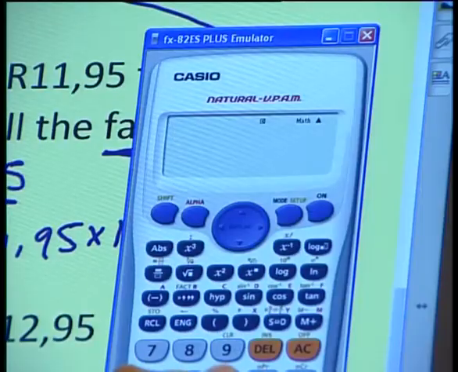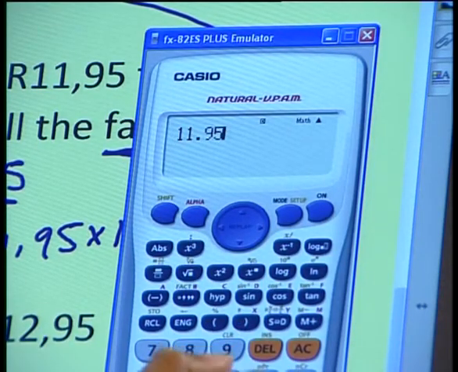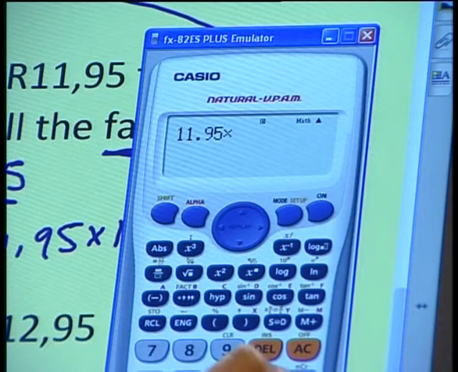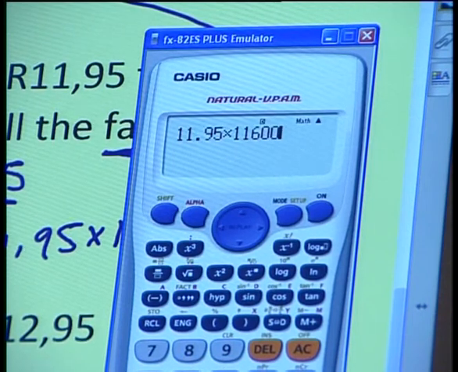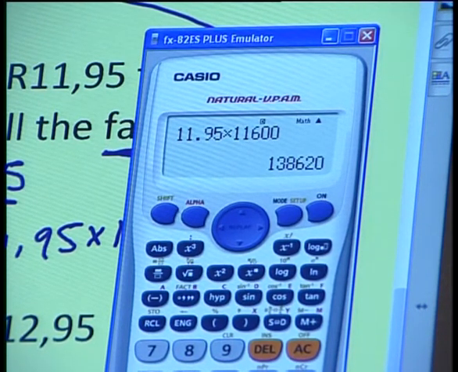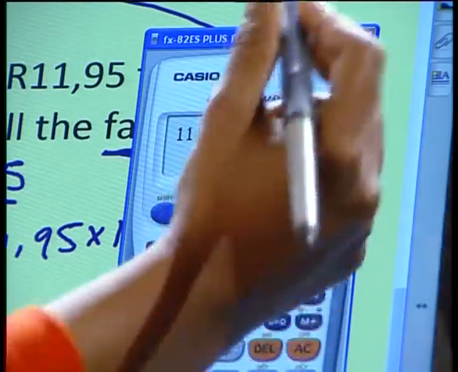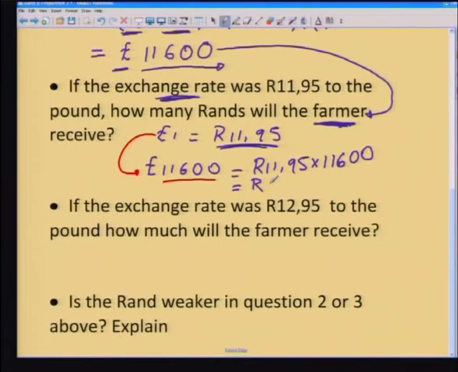Okay, that's something you can put into your calculator. So it's 11.95, that's our exchange rate, times the total amount of pounds, which is 11,600. That will give us 138,620 rand.